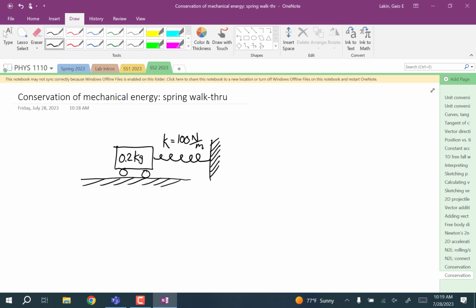And let's say that we pull the cart back to the left 0.05 meters from its rest position, the spring's resting length.